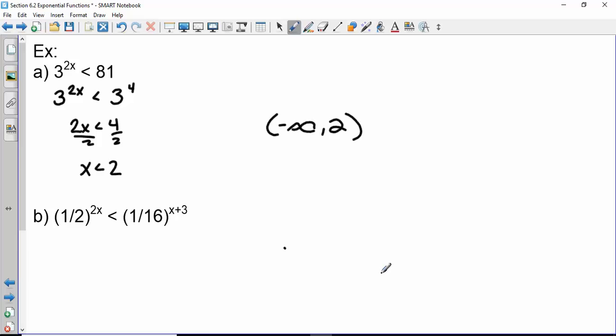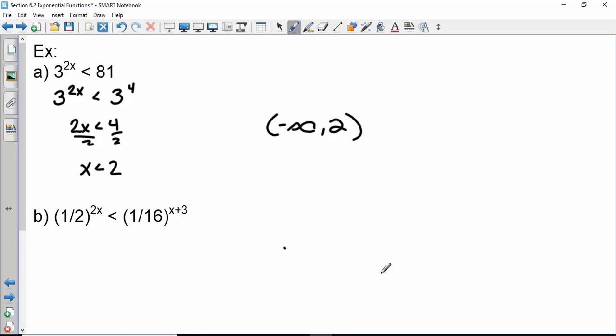Now this one is a little bit different because my base is a fraction. Remember when we first started these things? If your base was bigger than 1, the function was increasing, and when the base was smaller than 1, the function was decreasing.